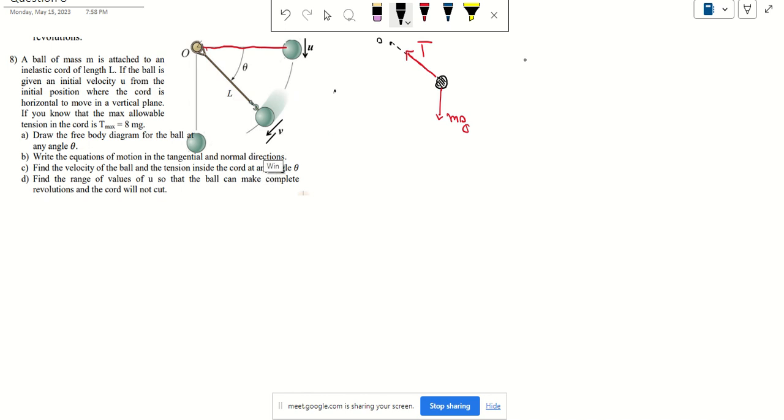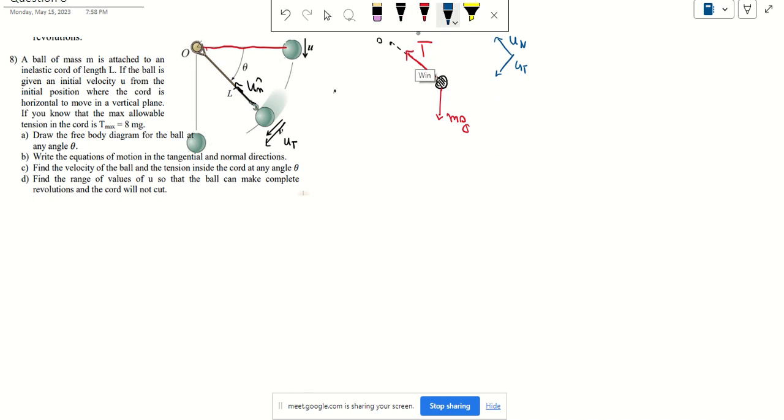This is in the direction of motion, so this is ut, and this is in the normal direction to the surface, so this is un. So we have two directions, ut and un. We just need to resolve all the forces in these two directions.